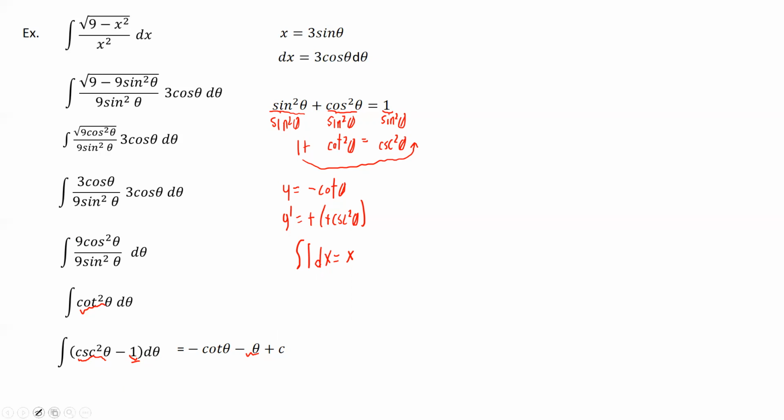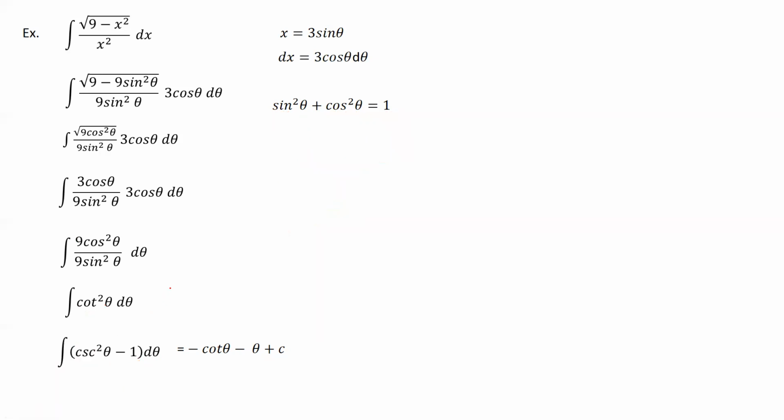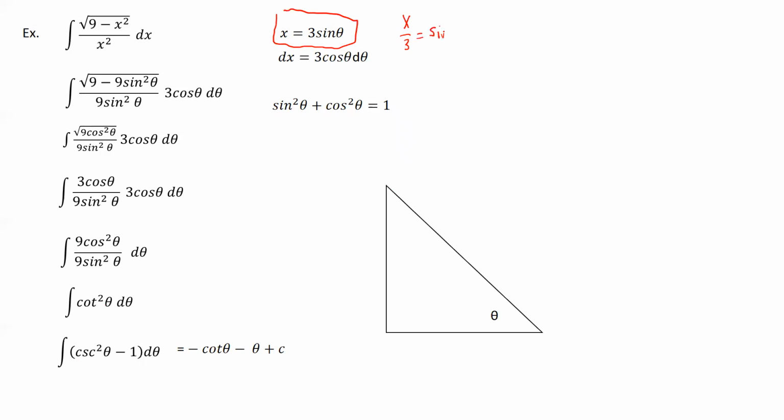Now we're not done. We started with x. We've got theta. We're not finished. So how do we get back from the theta to the x? We're going to draw ourselves a triangle. We're going to go back to this line. x equals 3 sine theta. If you were to rearrange that, x over 3 would equal sine theta.